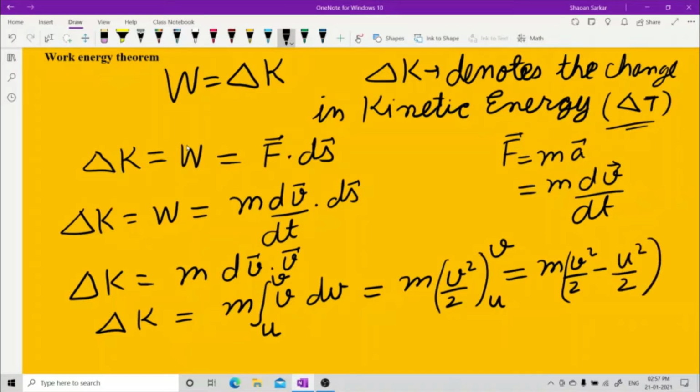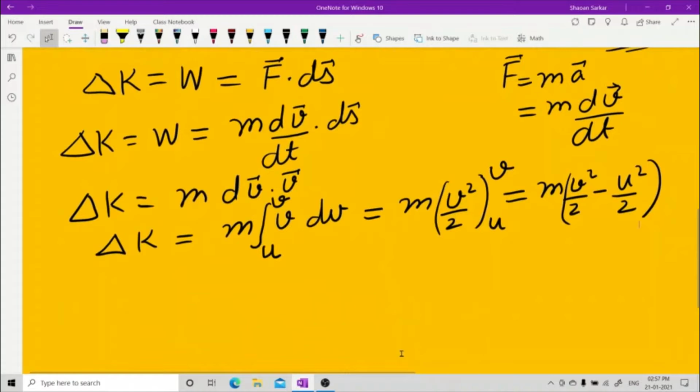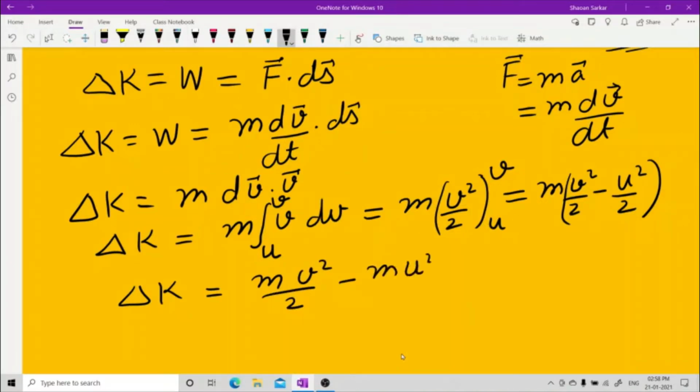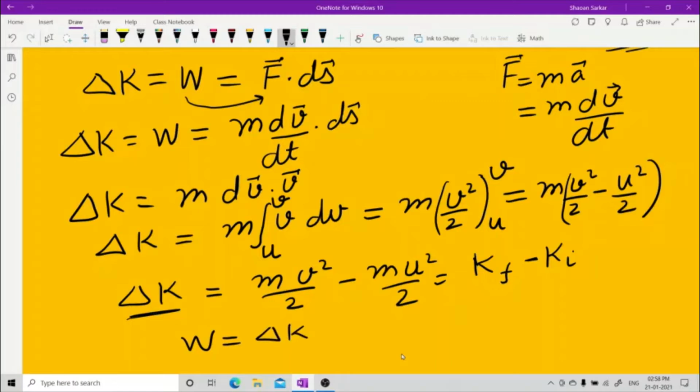You open up the brackets: delta K is equal to mv square by 2 minus mu square by 2. This is nothing but K final minus K initial. Because of this expression I got the value of delta K here. That's why W is equal to delta K, which is the change in kinetic energy, K final minus K initial.